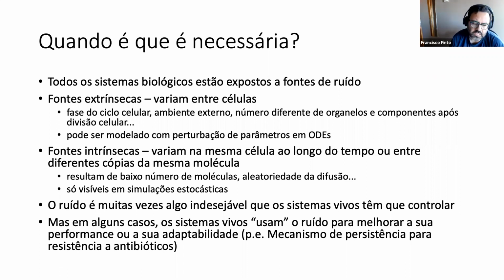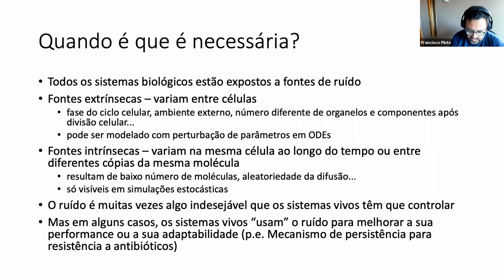We want to make stochastic simulations to check whether the system, with those properties, regulatory interactions and reactions, is robust or not. Because if it is not robust, then that system may not be an accurate model of the biological system. But in some situations, not the majority, biological systems have evolved to take advantage of noise. They use noise to increase their survival probabilities.